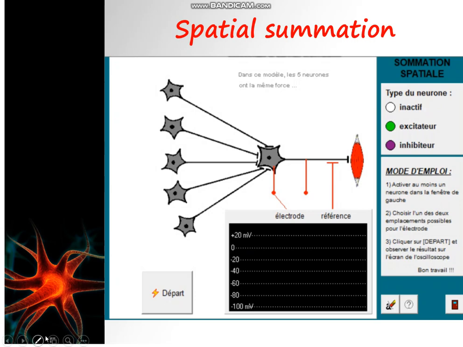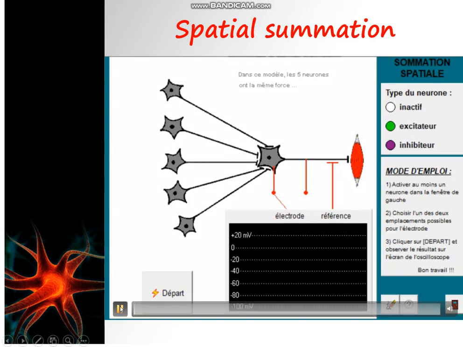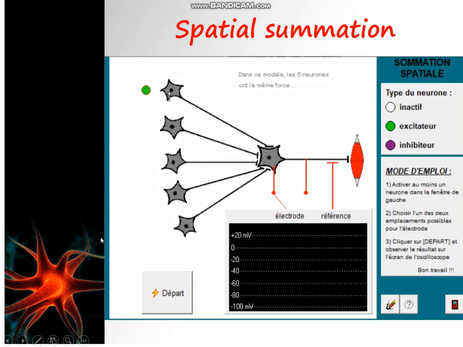In the third experiment, certain synapses will be considered as excitatory, while the others will be considered as inhibitory, and let's see the result.